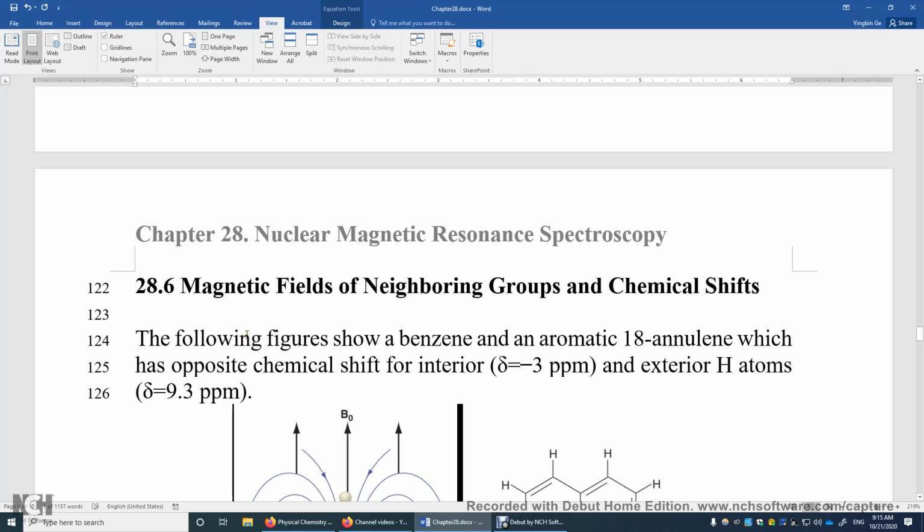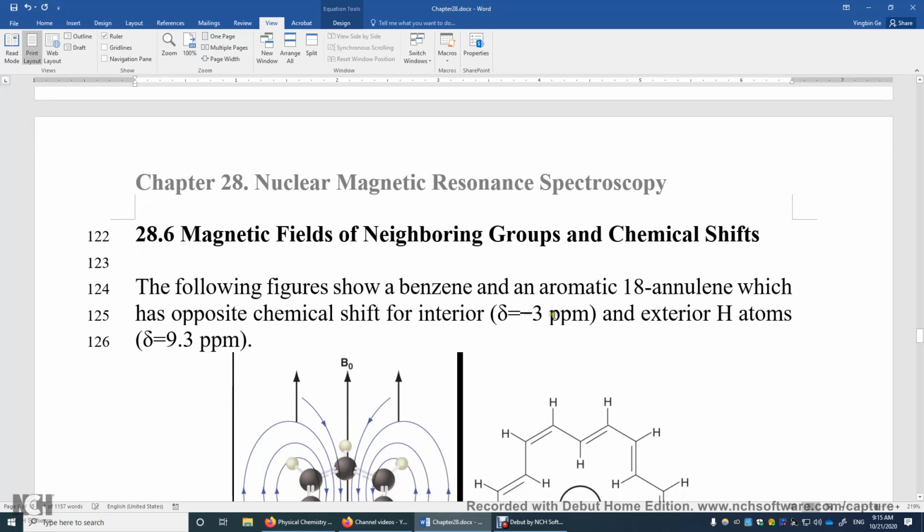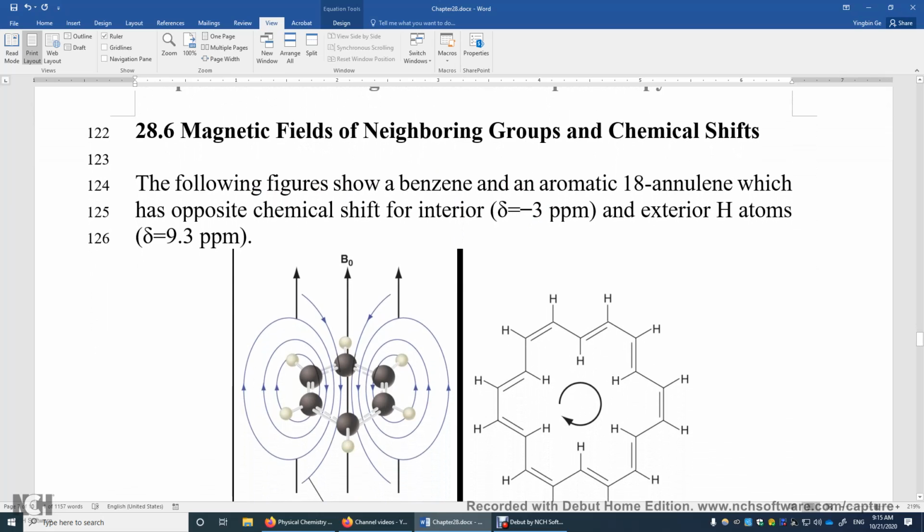Section 28.6, magnetic fields of neighboring groups and chemical shifts. If you look at benzene, this is pretty interesting. You have an electric current loop that produces the induced magnetic field. So this is the direction. You can see inside the benzene ring, the direction is opposite to the external field.